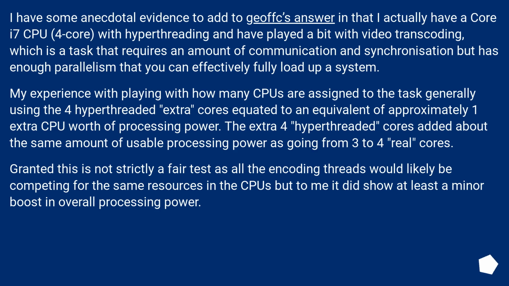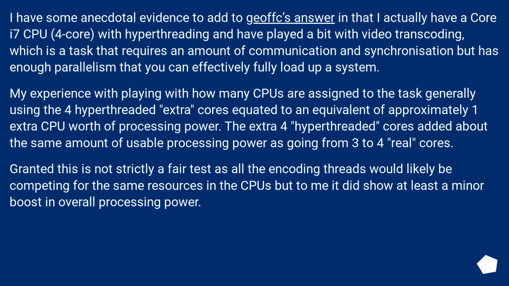I have some anecdotal evidence to add to Jeff's answer in that I actually have a Core i7 CPU, 4-core, with hyperthreading and have played a bit with video transcoding, which is a task that requires an amount of communication and synchronization, but has enough parallelism that you can effectively fully load up a system.